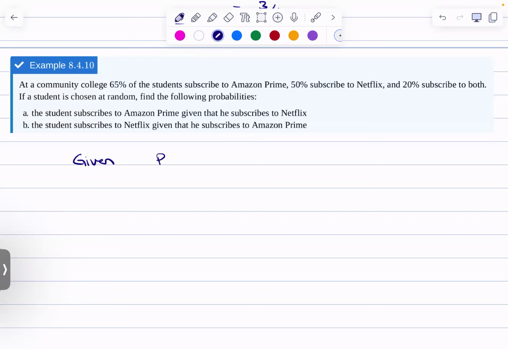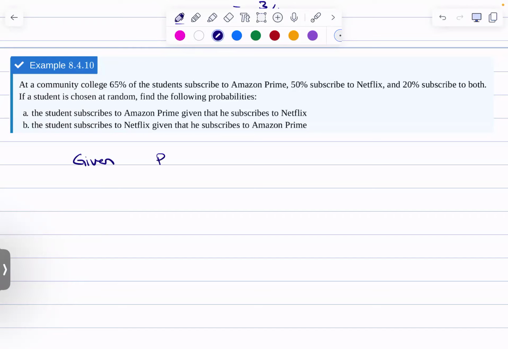Would it have worked if I made it a Venn diagram? You totally could. So what you could do is you would have your universal set, your circles just now would be probabilities, right?